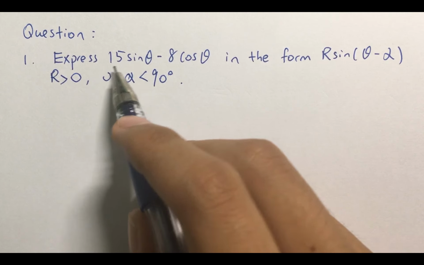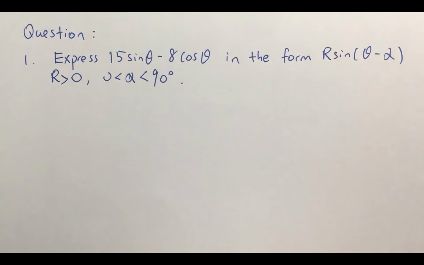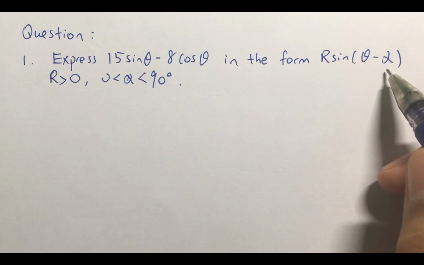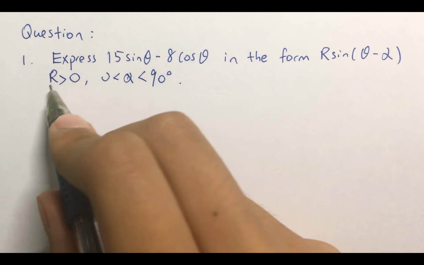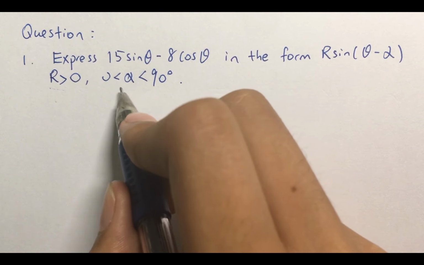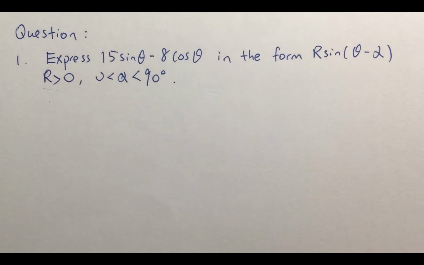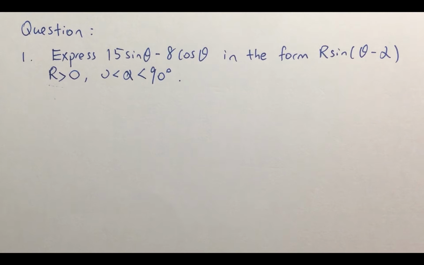The first question is: express 15 sine theta minus 8 cosine theta in the form r sine theta minus alpha. And we know that r is greater than 0, and alpha is greater than 0 and smaller than 90 degrees.